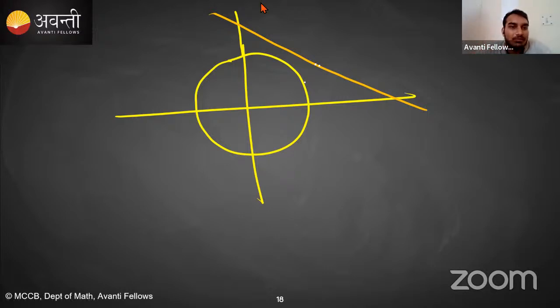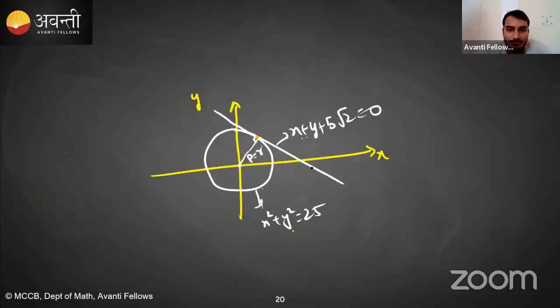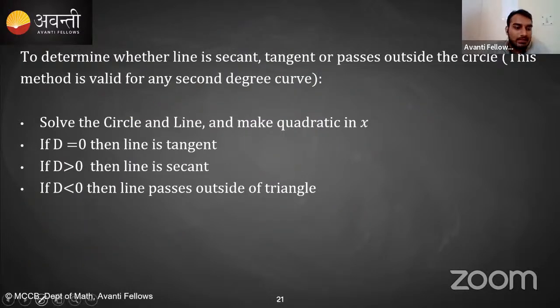Is that clear, everyone? So this is the approach for the second method, if you have to find whether the line is secant or tangent or what. Okay, this is the second method.